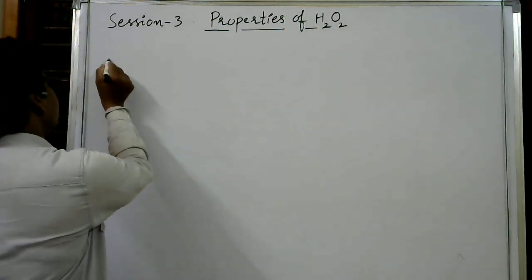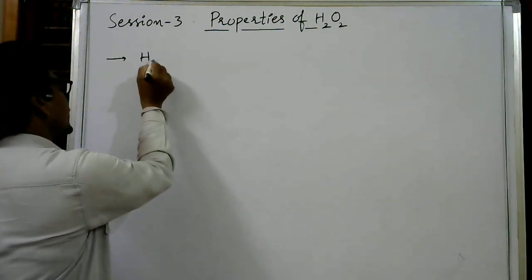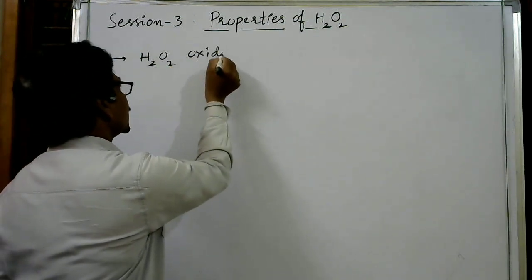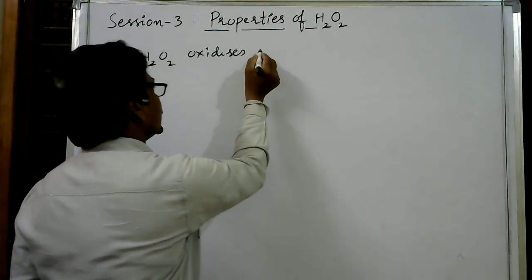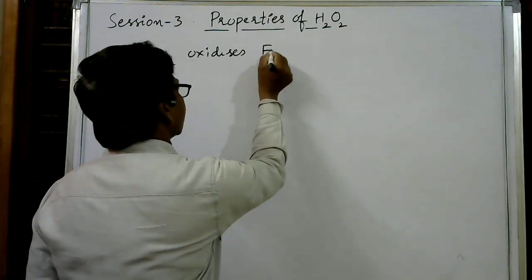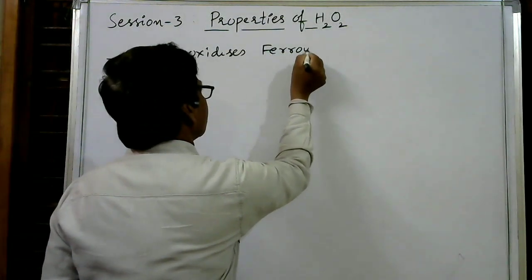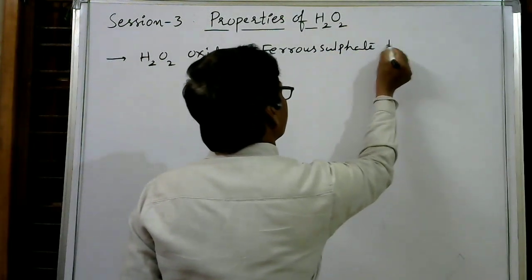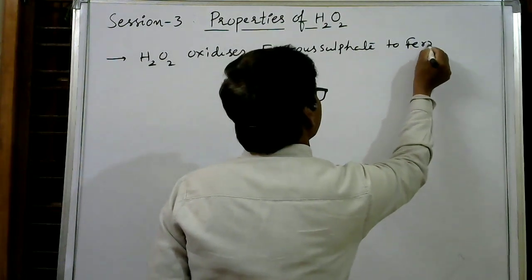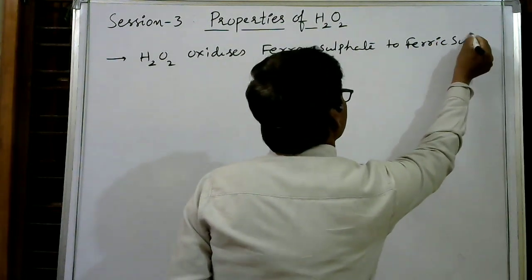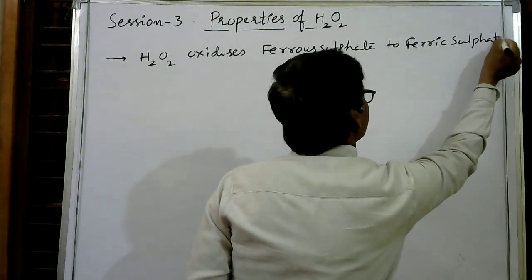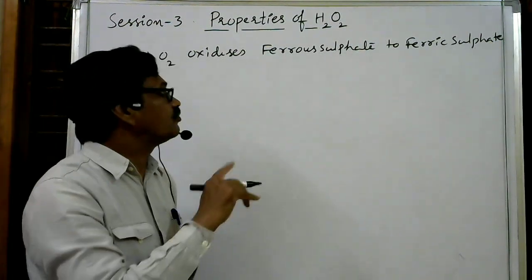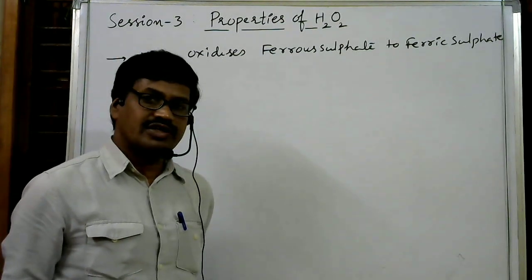Next property: hydrogen peroxide, H2O2, oxidizes ferrous sulfate to ferric sulfate. This statement we should know first and remember, and we should know the formulas of ferrous sulfate and also ferric sulfate.